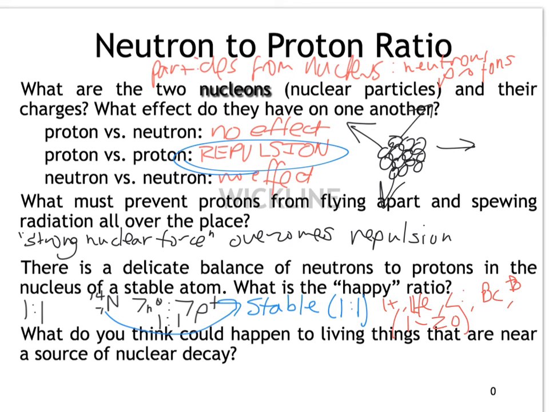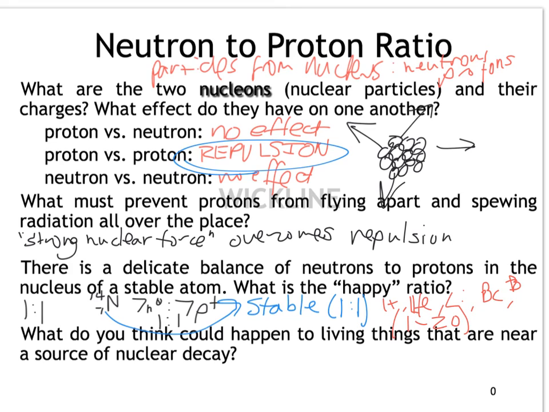So in short, if you're an element after calcium, let's say you are the element gold. Gold is way after calcium on the periodic table. Having 79 protons would make you gold, but having 79 neutrons, so that it's a 1 to 1 ratio, does not make that gold atom stable.